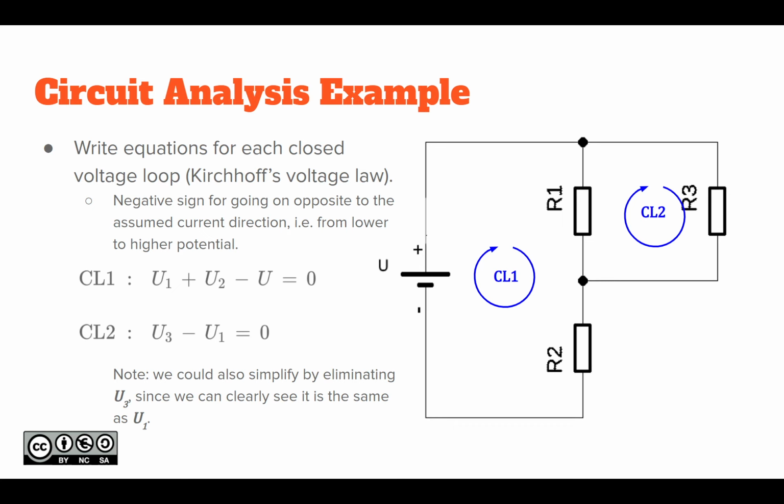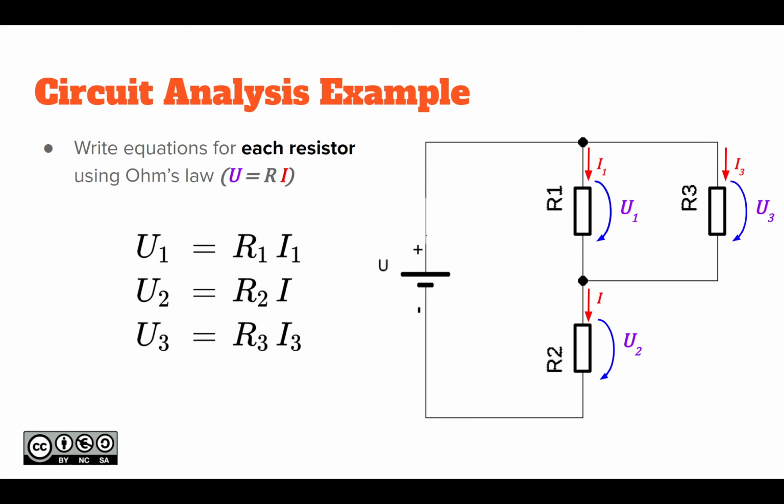If you make a wrong assumption about the electric field or the direction of current, it's not really a big deal. Just the sign will be opposite, as long as you follow, for example, Ohm's law in the correct direction.